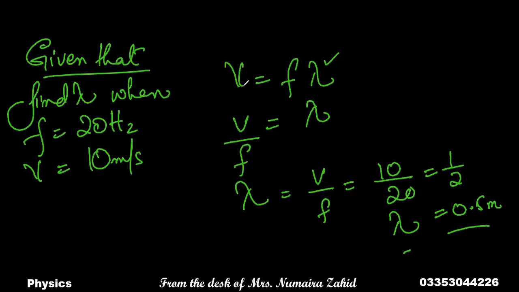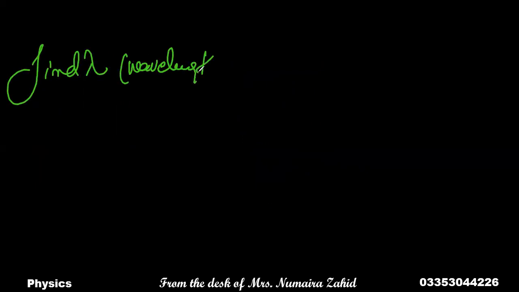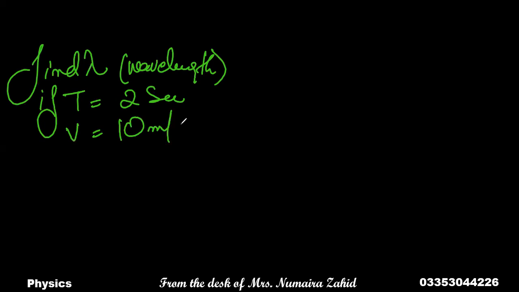All right. But in case the frequency is not known, and it is given: find lambda, the wavelength of a wave, if the time period of the wave is 2 seconds and its velocity is 10 meters per second. How can we find wavelength?